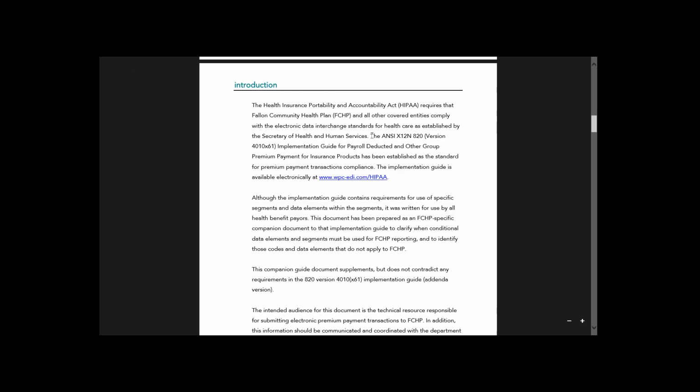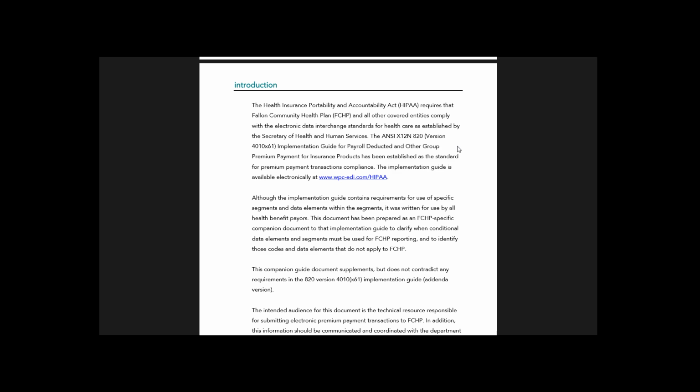So this gives us a very clear understanding of where exactly our 820 transaction is used. We have discussed that this is the response to your 811 transaction set, where 811 is the billing invoice, whereas 820 is the premium payment.